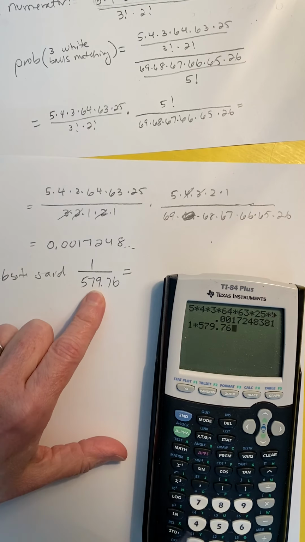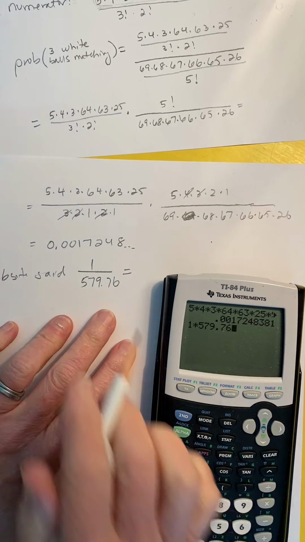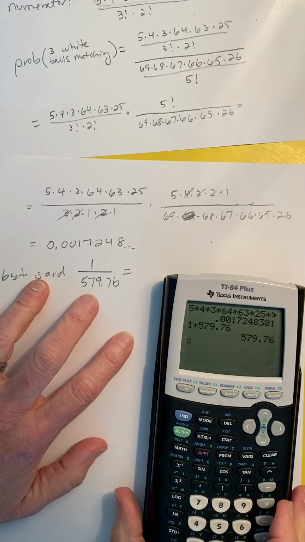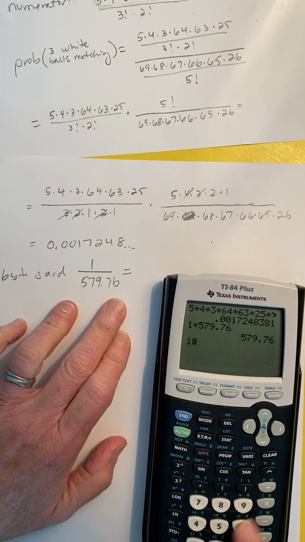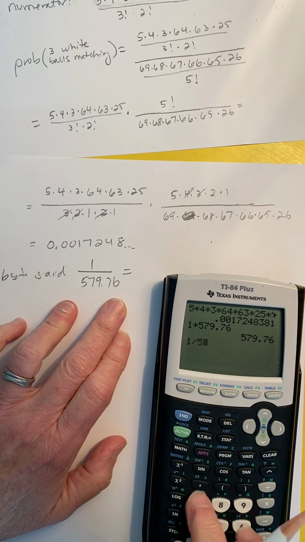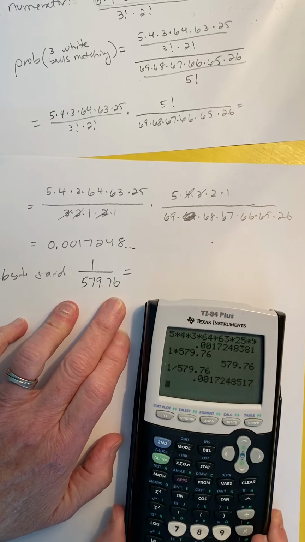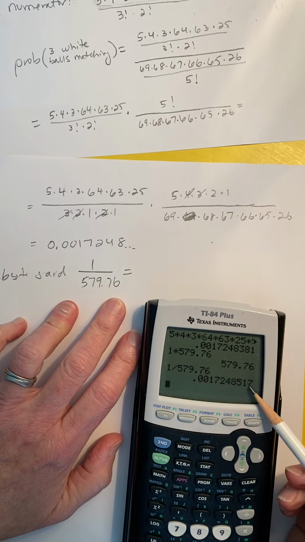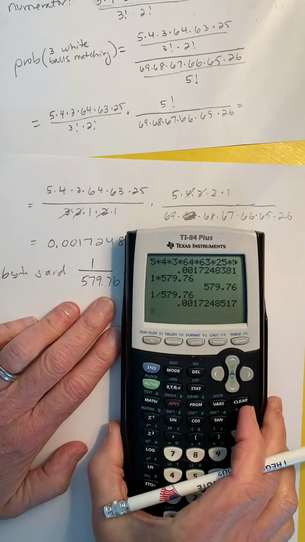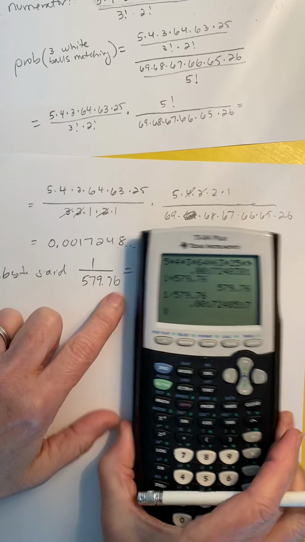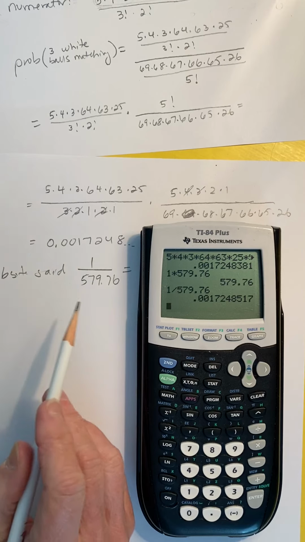Don't forget this is an approximation because it really would have been a long decimal number. Whoops, I did 1 times. 1 divided by 579.76 equals, oh look, it's the same. The only reason it's different out in these lower decimal places is because the website's number is a rounded version of the real odds.